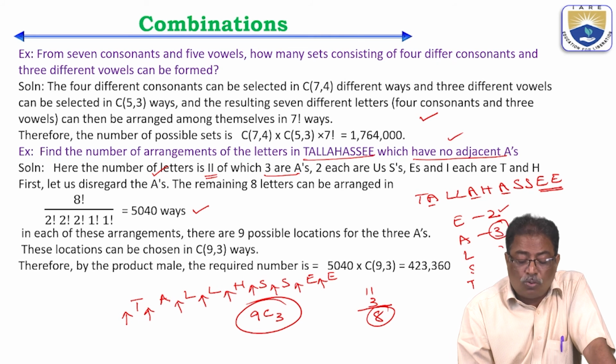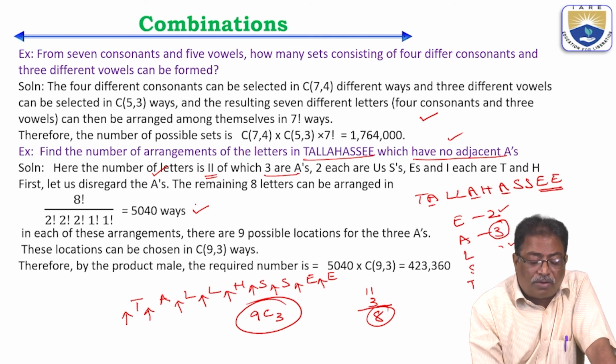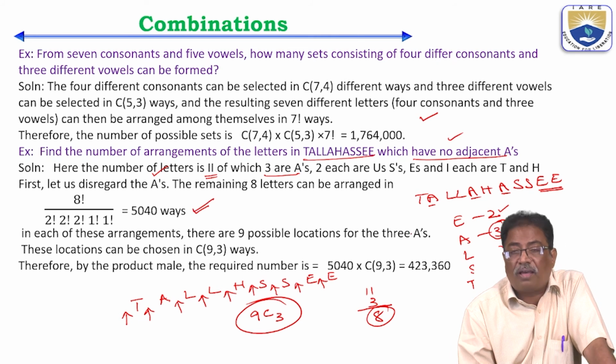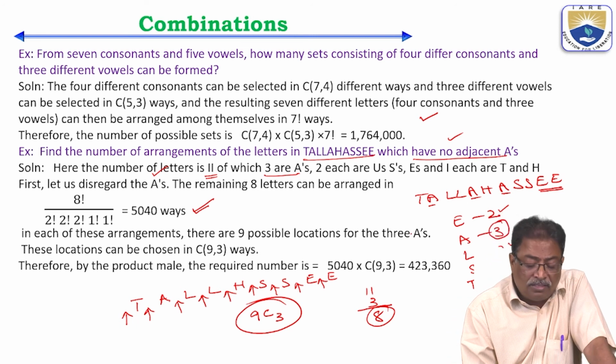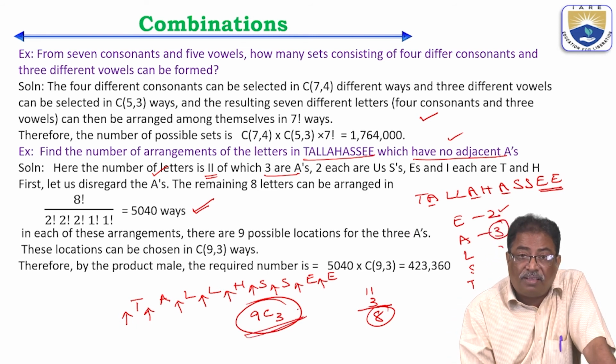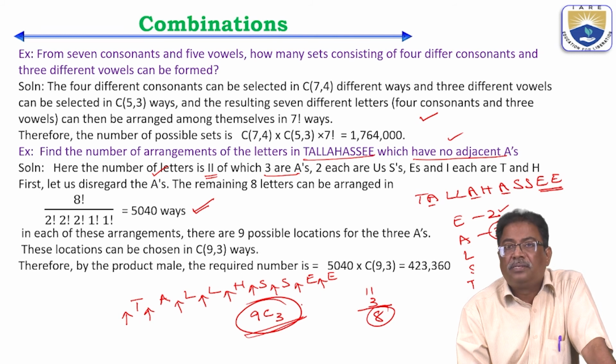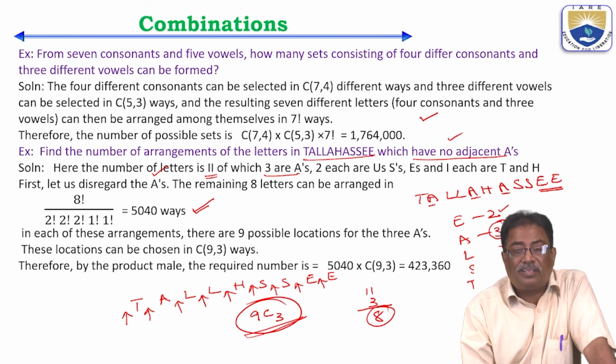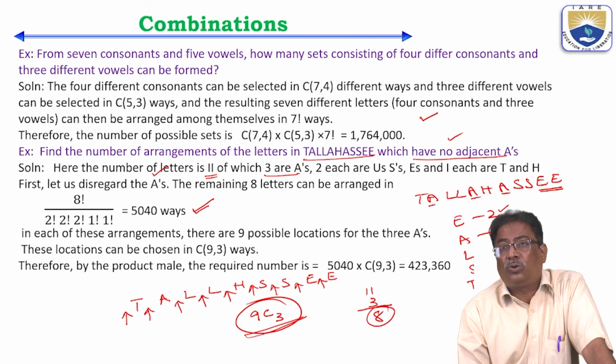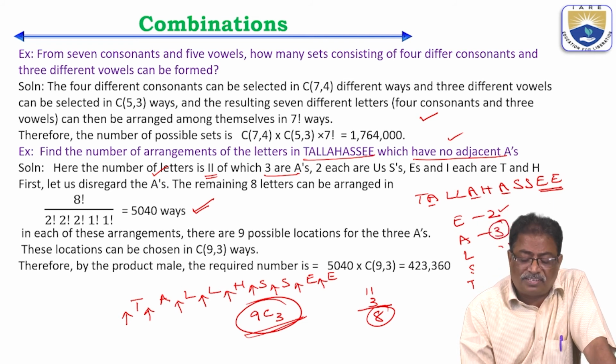9C3 ways. So one is the total number of arrangements here without having A, and the 9C3 ways I can incorporate A's after the letters in such a way that no 3 A's should be adjacent. That is the second task, and this is the first task.